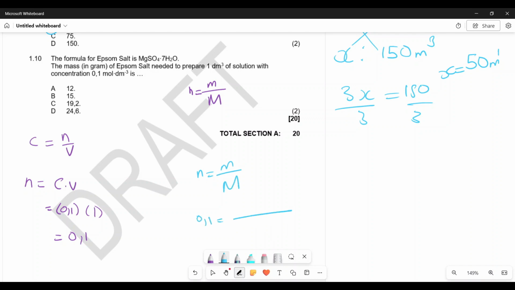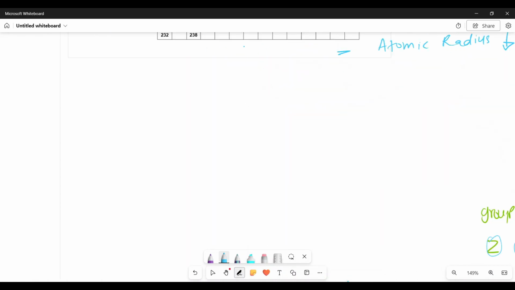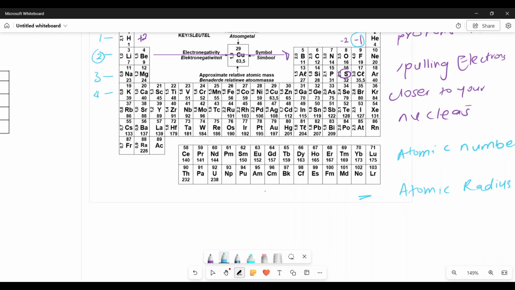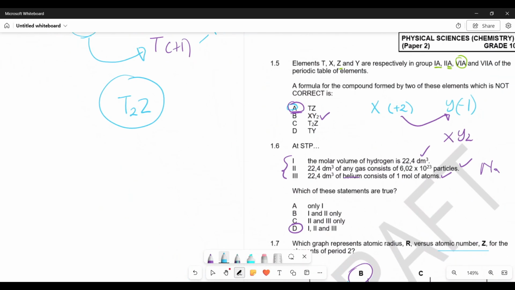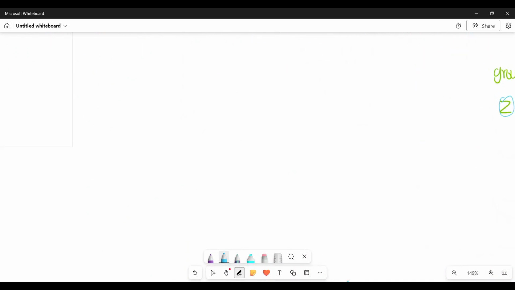Now, let me go about determining my molar mass, right? For MgSO4, let me write it near my periodic table. I need the molar mass of MgSO4, and what else do I have? 7H2O, multiplied by 7H2O.